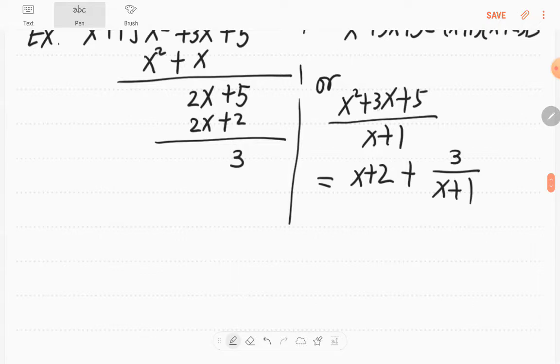So if you view it this way, you can see actually we have a new fraction. In this new fraction, the top degree is less than the bottom degree, right? Originally, the top degree is 2, and the bottom degree is 1. So here is 1, here is 1.